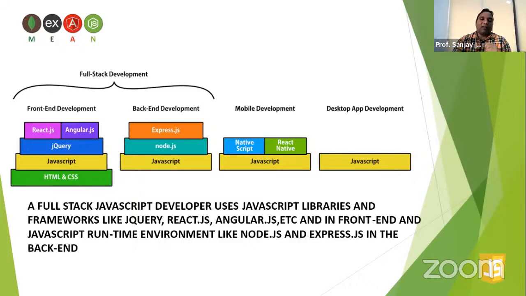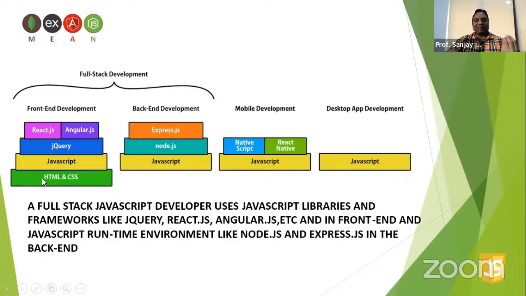So when we talk about full stack JavaScript, that means in the front end we are going to use JavaScript technologies like React.js, Angular.js, jQuery, and JavaScript, and also, of course, because it is designing to create some view, we are going to use HTML and CSS. Those are components built on HTML, and CSS is used for the styling.